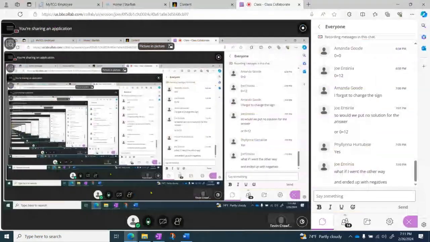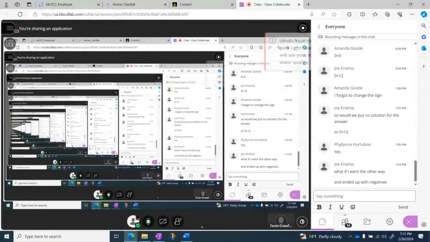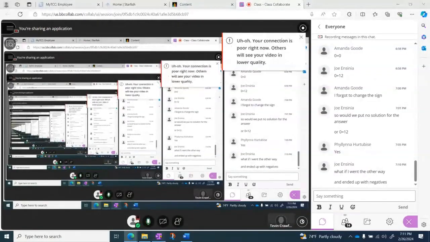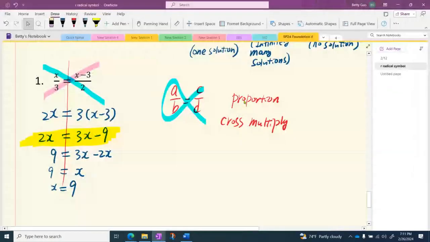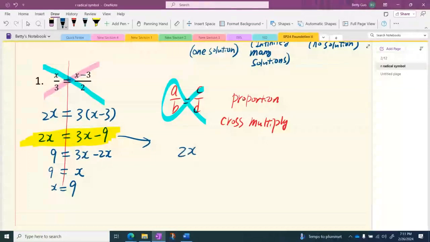What if I went the other way and ended up with negatives? Good question. Let's try that, the other way. So 2x equals 3x minus 9.